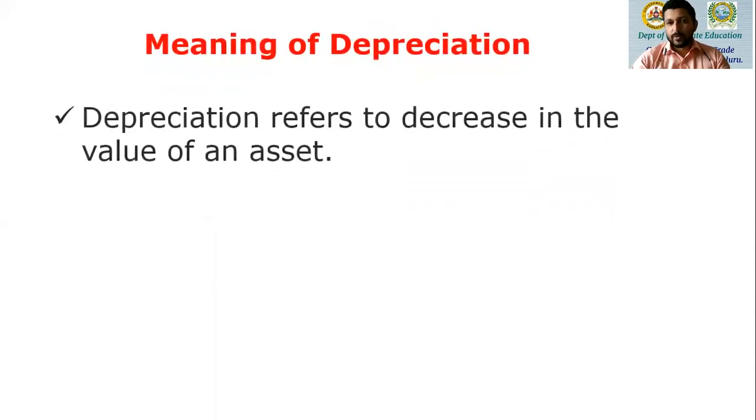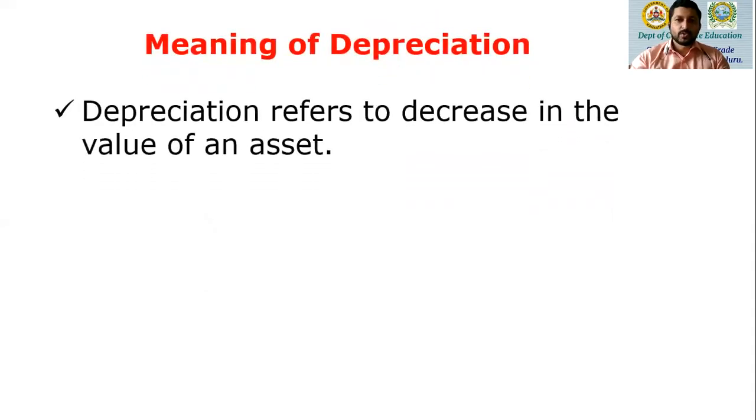Now, what is the meaning of depreciation? The commonly used meaning of depreciation is it refers to decrease in the value of an asset. Asset is used, asset is unused, but due to passage of time, due to better technology, obsolescence, the value of the existing asset will come down.